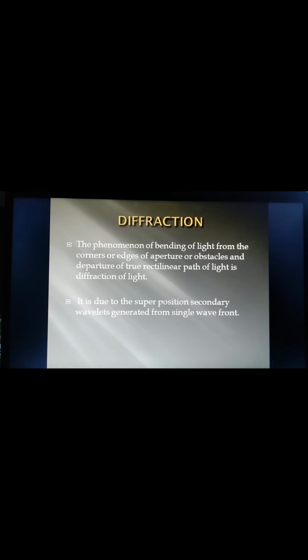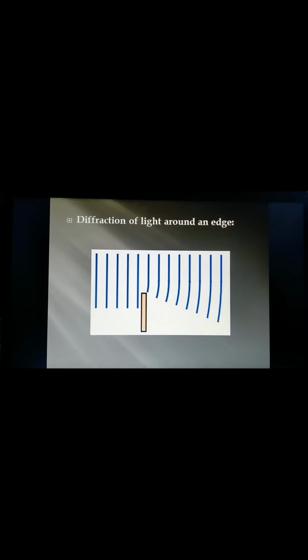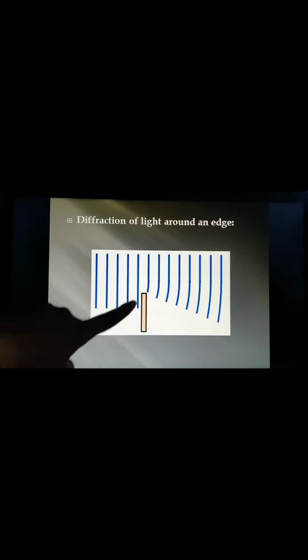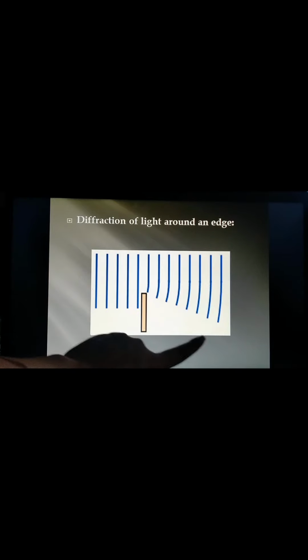Suppose, let me show you the diagram. There is an obstacle in the path of the light. A plane wavefront is there. Plane wavefront means whenever light is propagating through a rectilinear path, there are parallel rays. The plane wavefront comes, and from the plane wavefront we can show the light coming as parallel rays. So in the path of the light there is an obstacle, the yellow one, and from the edge light gets bent.